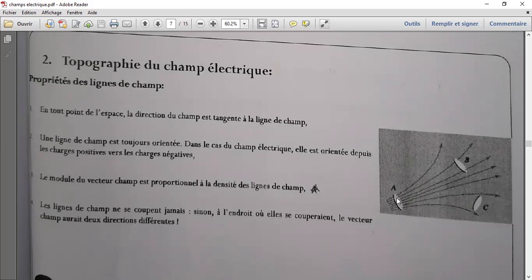So this one is also a principle which you should know. Then the last point which you should know is that la ligne de champ ne se coupe jamais.